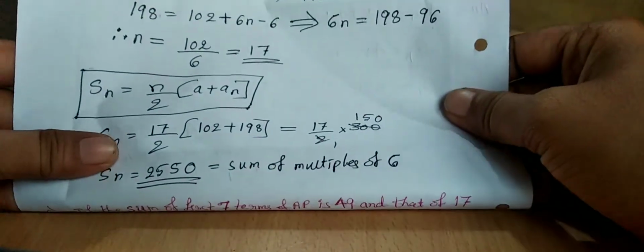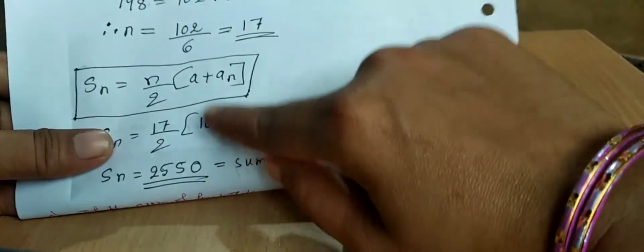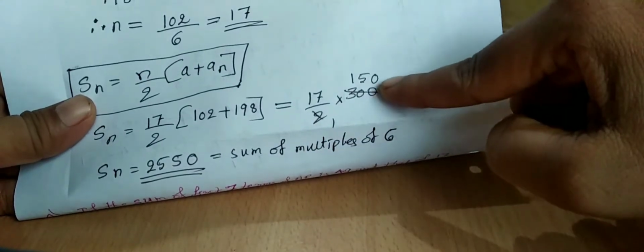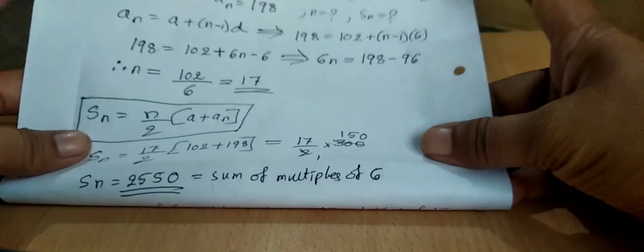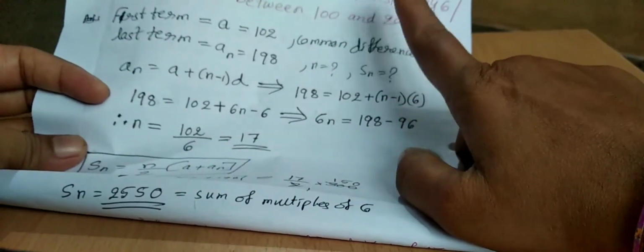Now it is substituted in the formula Sn equals n by 2 into (a plus an). So Sn equals 17 by 2 into (102 plus 198). 102 plus 198 is 300. With the 2 I can take the common factor, so 17 into 150 is 2550. This is the sum of multiples of 6 between 100 and 200.